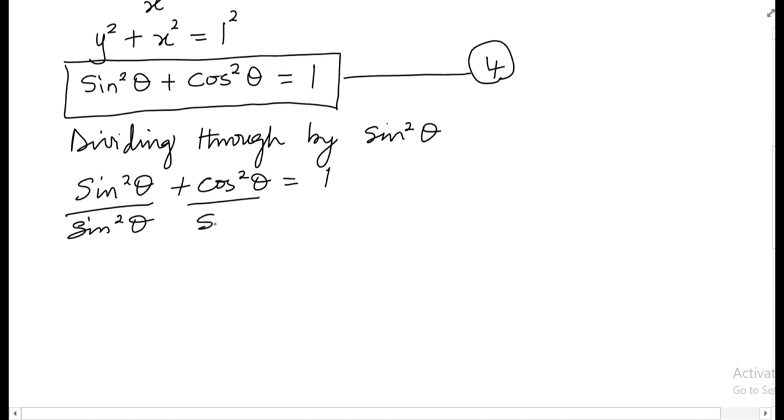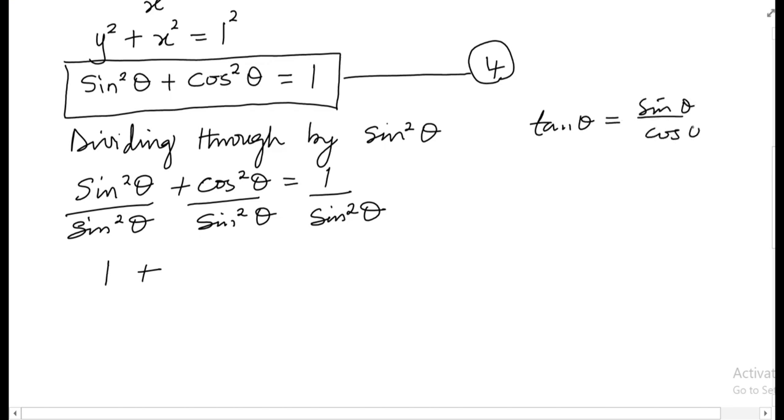We divide through by sine squared theta all over sine squared theta. So sine squared theta divided by sine squared theta is 1, plus cos squared theta over sine squared theta is cot squared theta. Why is this so? It's because tan theta is sine theta all over cos theta.